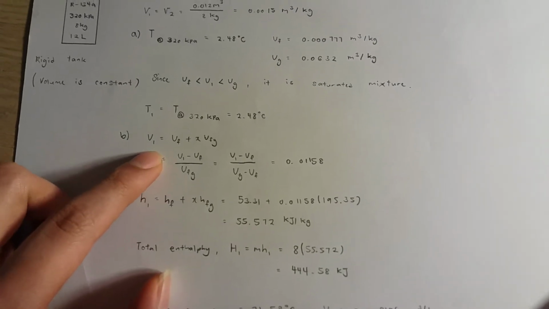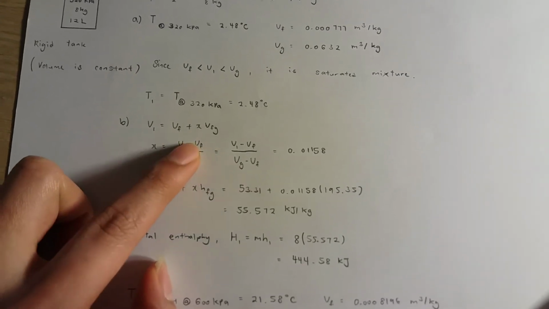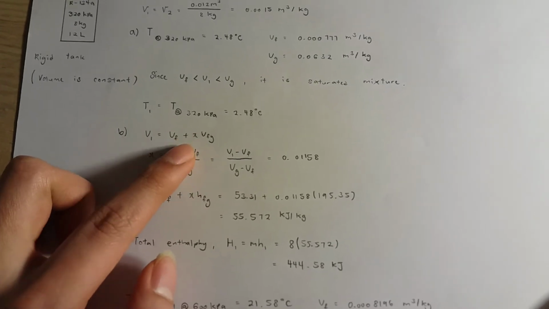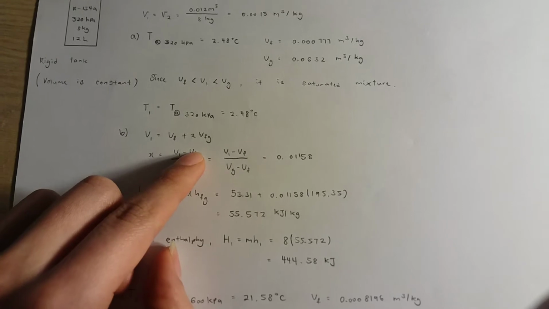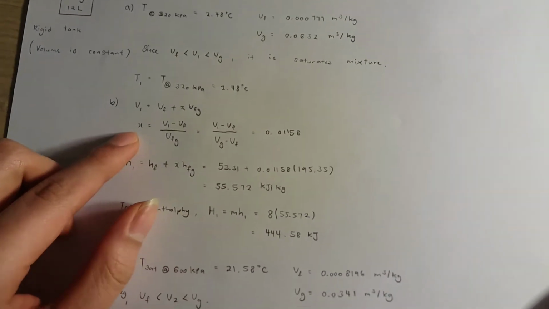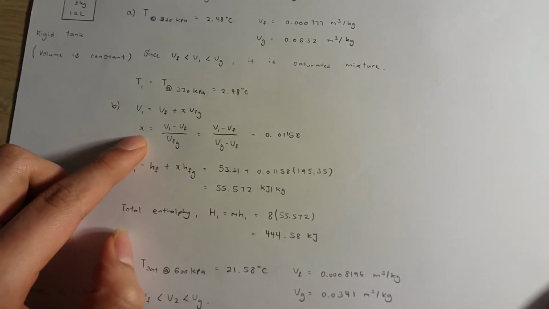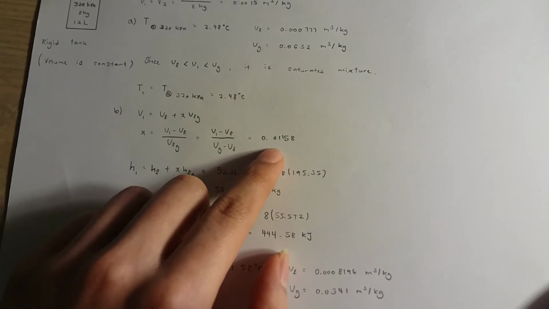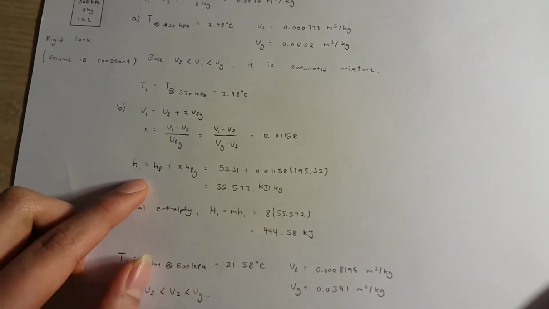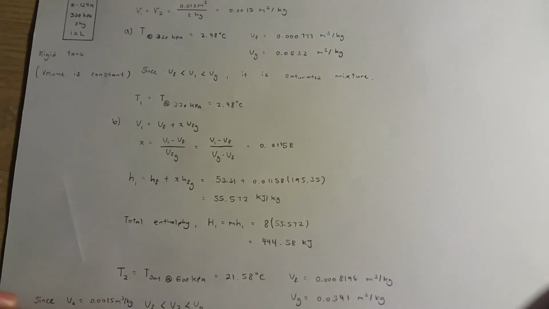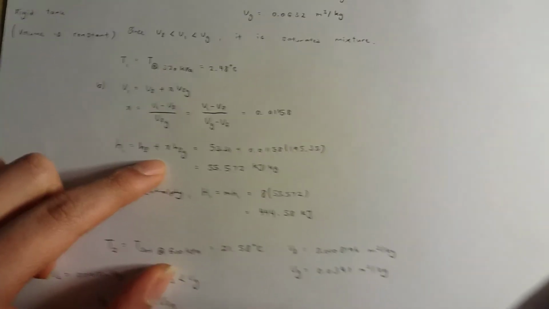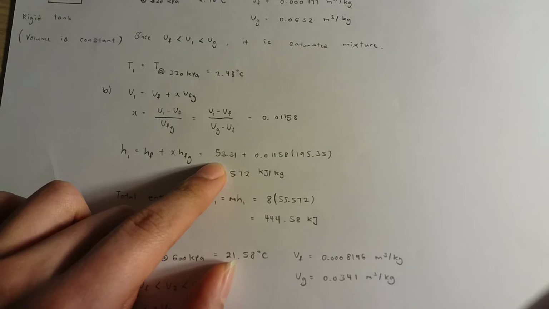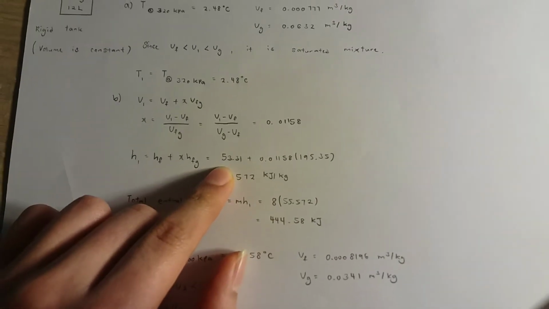For part B, you just have to use this concept again, as I mentioned earlier, and it's quite easy. You apply this concept to find the quality, which is 0.01158. After that, you find the enthalpy by using the same concept again, and just get all the values from the property table.